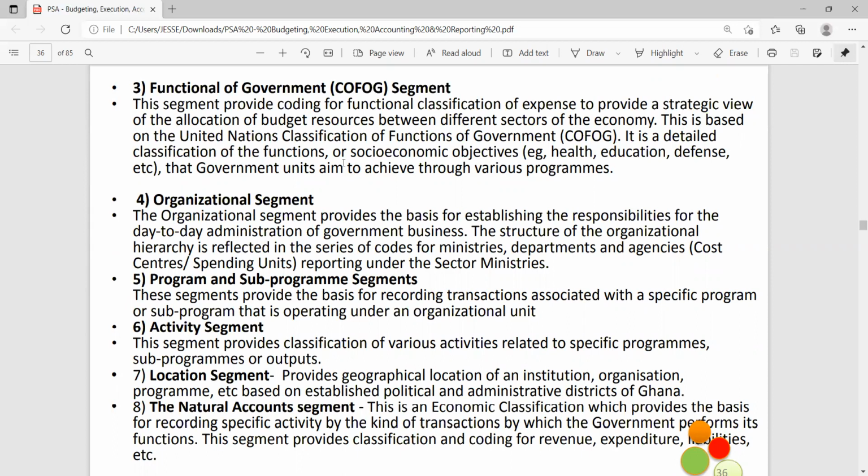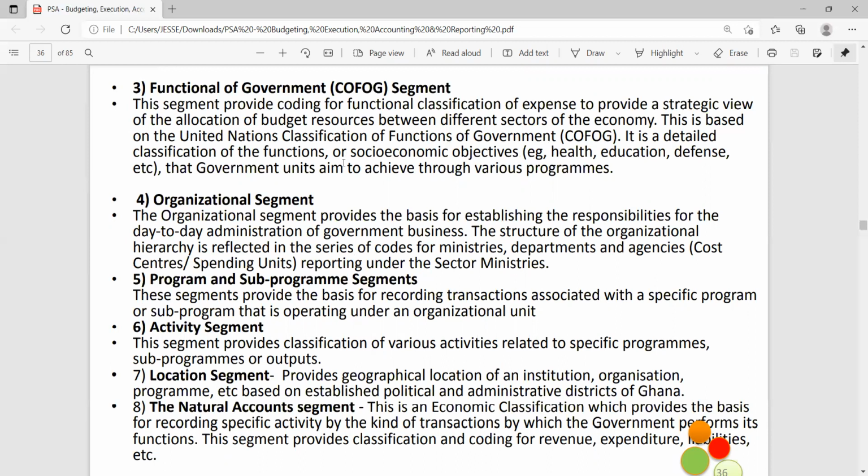So here the coding is done based on geographical location, in accordance with the established political and administrative districts of Ghana. This is very important.